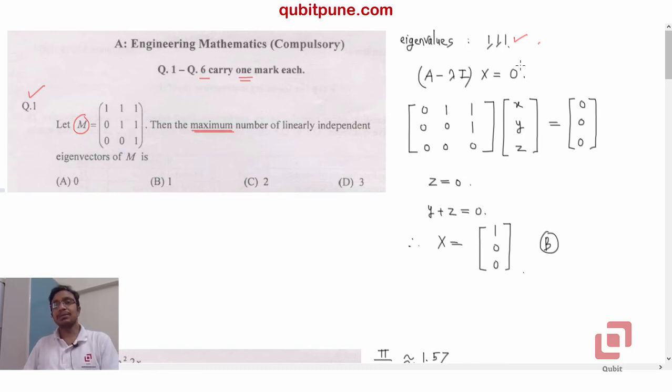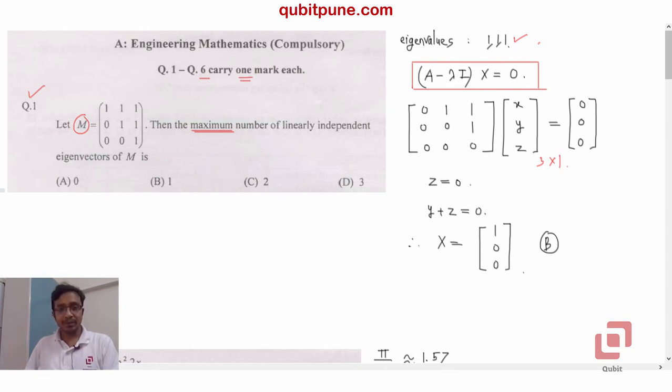Now, in order to determine the eigenvector or vectors corresponding to the eigenvalue 1, we will use the fundamental equation (A minus lambda I) X equal to the null vector. X is the unknown eigenvector here, and it must have dimensions 3 by 1, because M is of order 3.